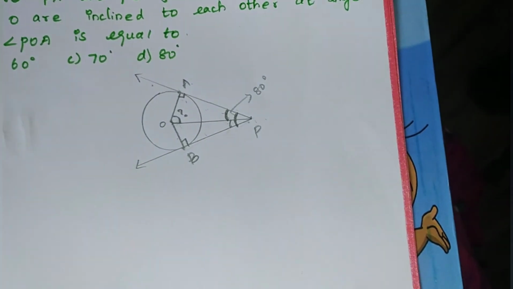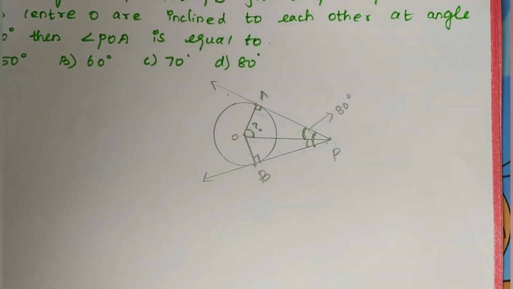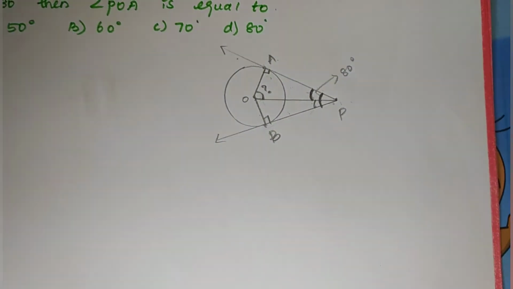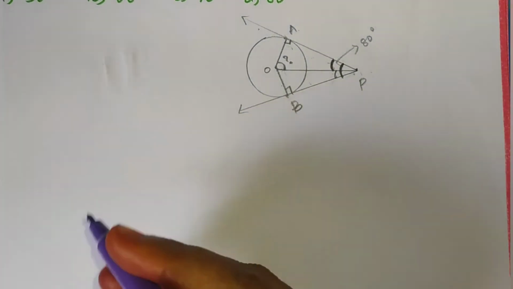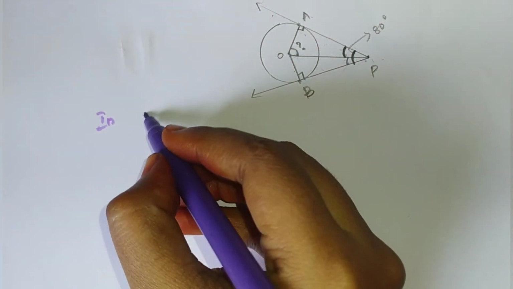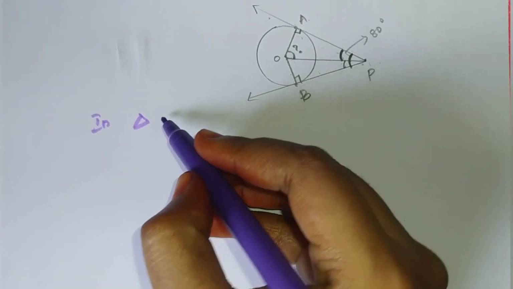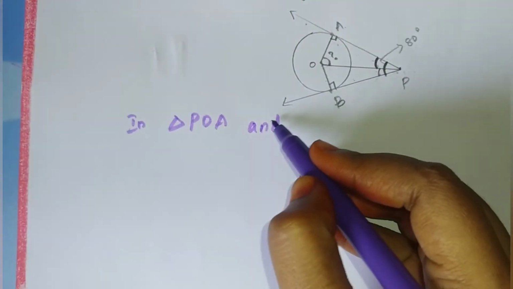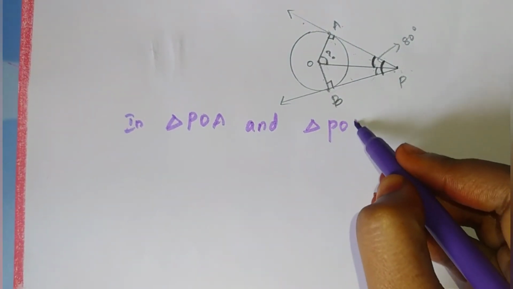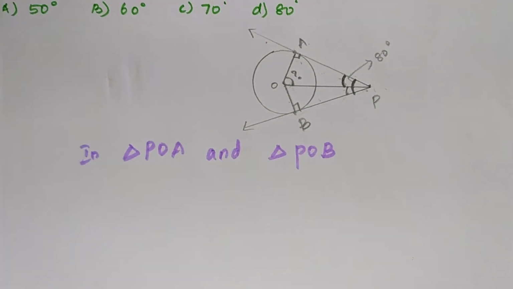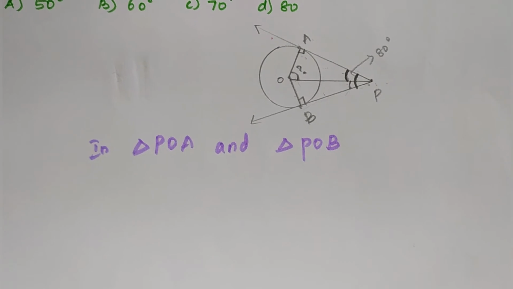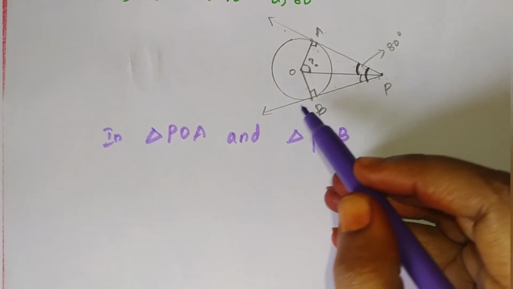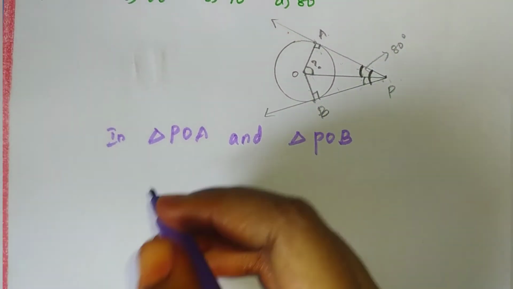Clear? So first I take triangle POA and triangle POB, the two triangles. Now I want to prove that they are congruent. How can we tell?